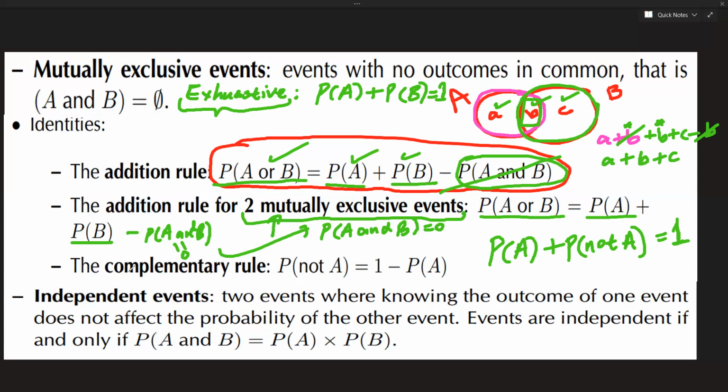Perfect. And then now let's come here. Independent events, right? Last one. Independent events are two events where knowing the outcome of one event does not affect the probability of the other event. A good example here would be giving birth. Like if the first child was a boy, right?